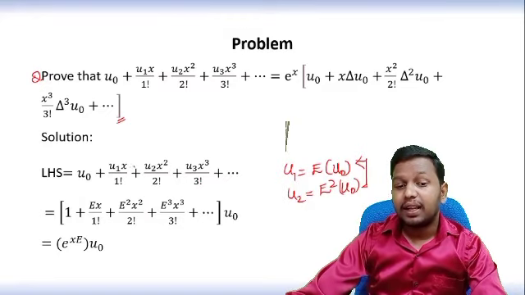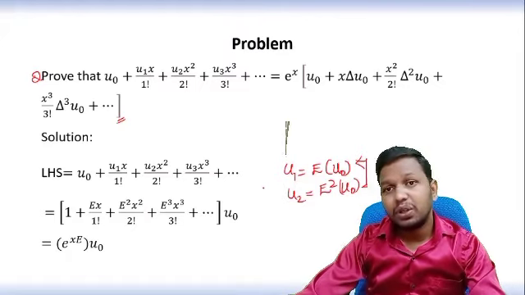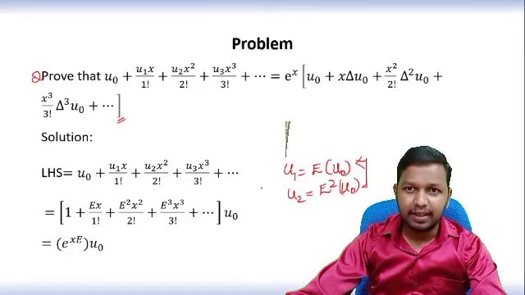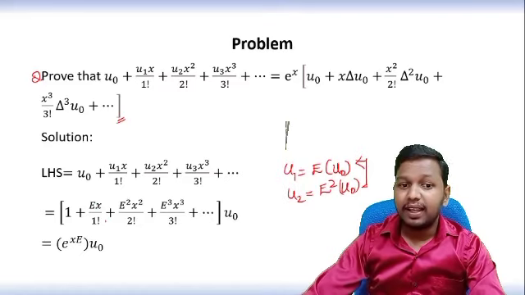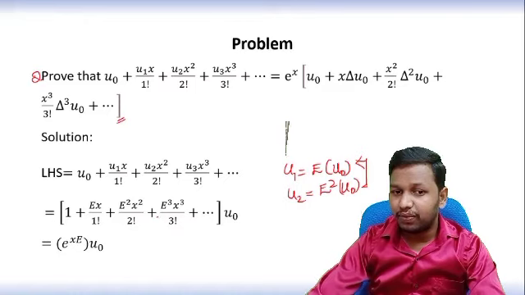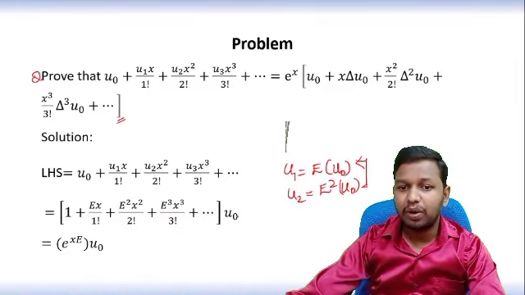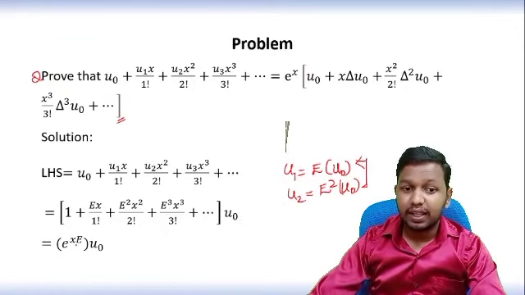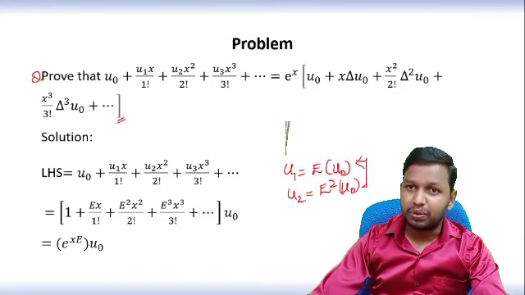We can write all u1, u2, u3 in terms of u0 and shift operators, and so taken u0 as a common, we remain with 1 plus Ex by 1 factorial plus E square x square by 2 factorial plus E cube x cube by 3 factorial plus and so on of u0, which is nothing but e power x into capital E into u0.